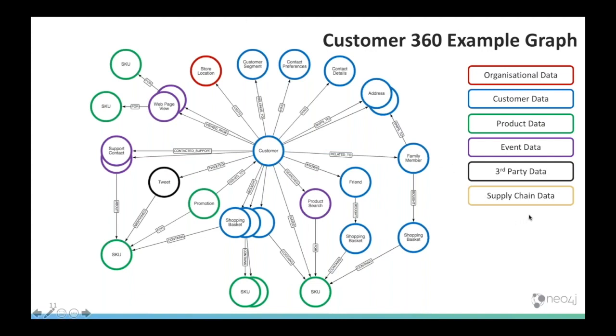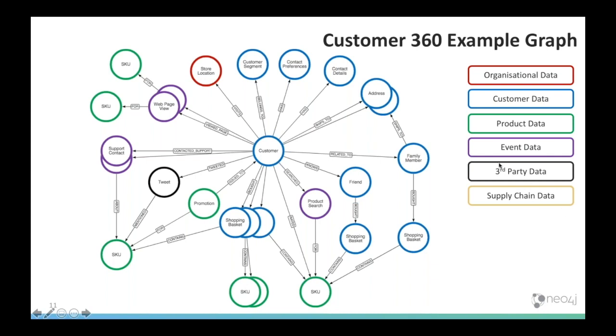This is the idea that you have access to all the information about your customer that you know. You can access that holistic view, maybe when you're interacting with your customer, when you're making decisions about recommendations or promotions. Being able to see everything you know about a customer at once is really powerful.